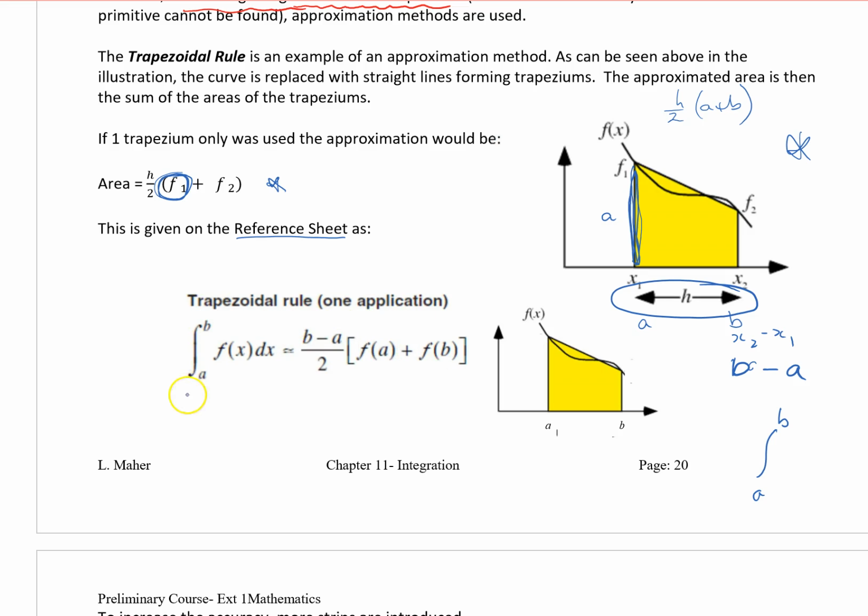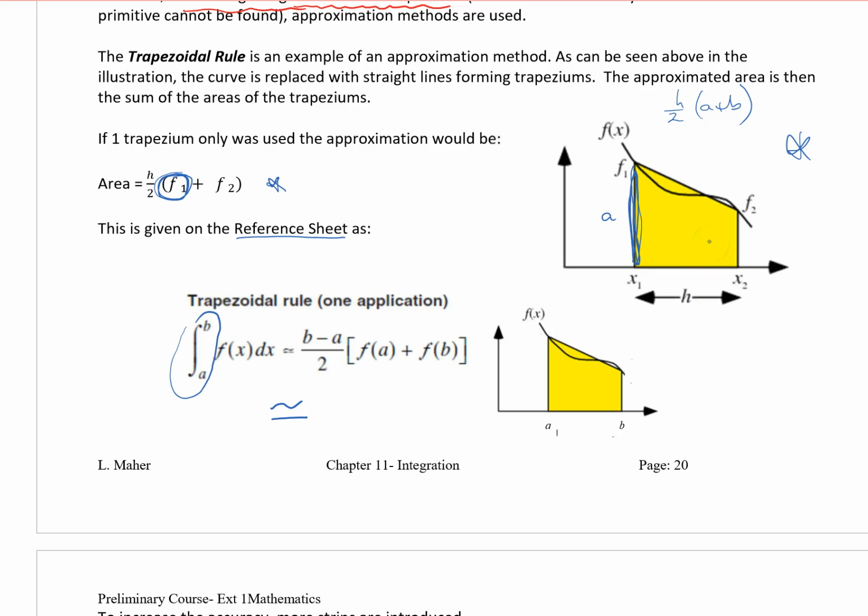So I'll assume that you're going okay, and I'll talk now about what you actually see on your reference sheet. It's going to say that the integral from a to b of f of x dx, in calculating the area, is approximately equal to, and notice the approximately equal sign they use, b minus a, because those are the x values from our understanding from here.